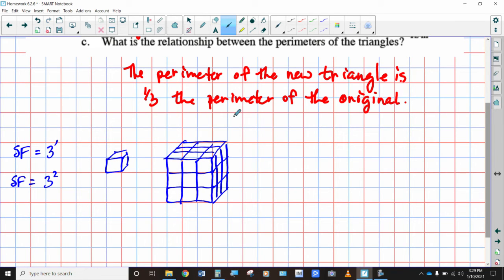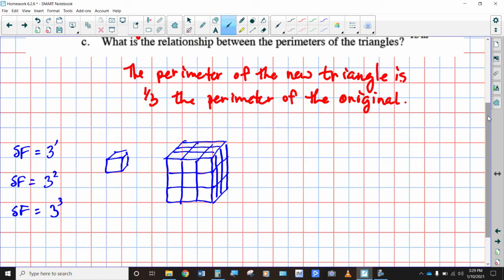And now let's look at the cubic measurement. This is 1 full cube, right? But after applying a scale factor of 3 to the linear measurement, this is 9, 18, 27 cubes. So the scale factor as it pertains to volume is going to be 3 to the third power. This has 27 times the number of cubes in it than the original one did.